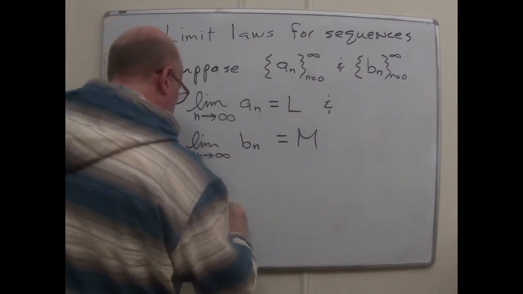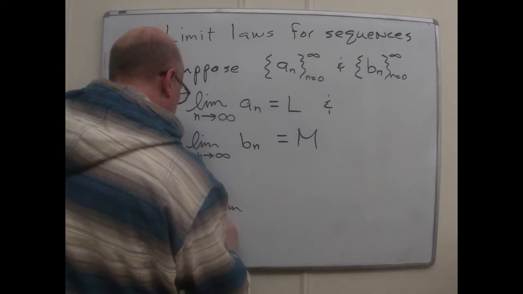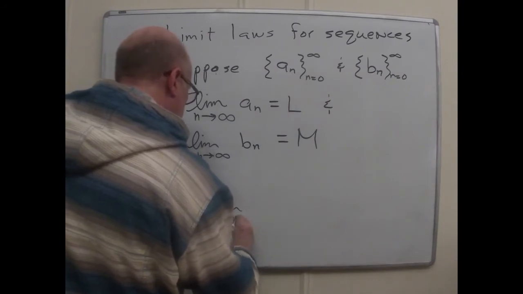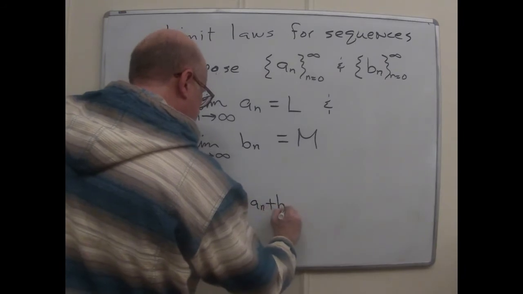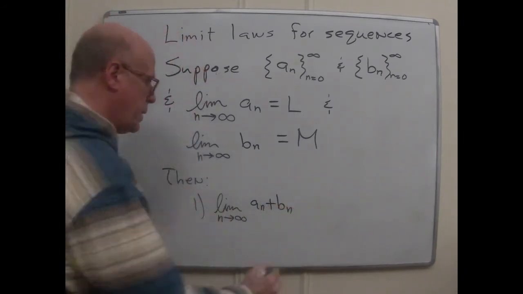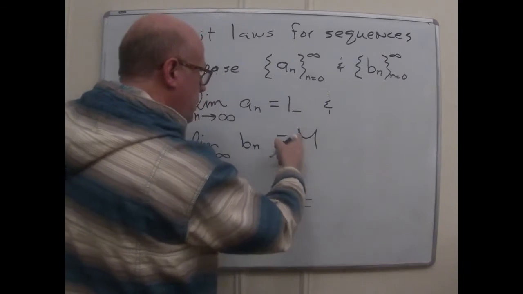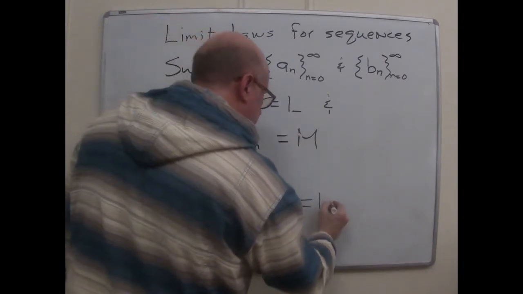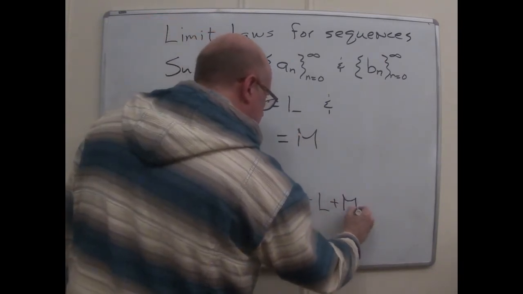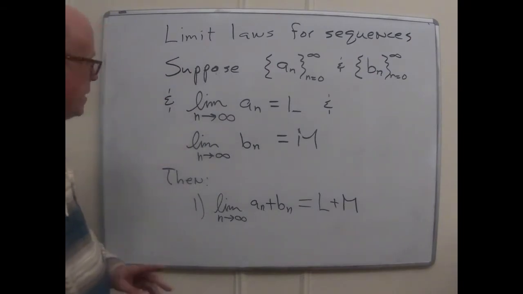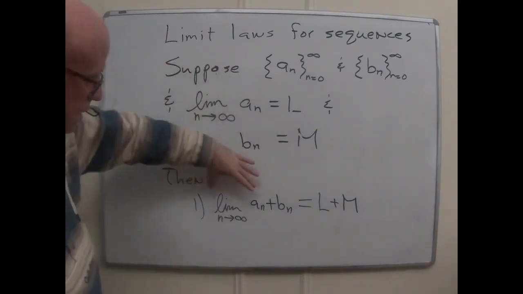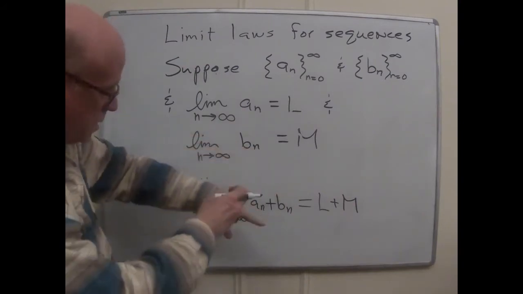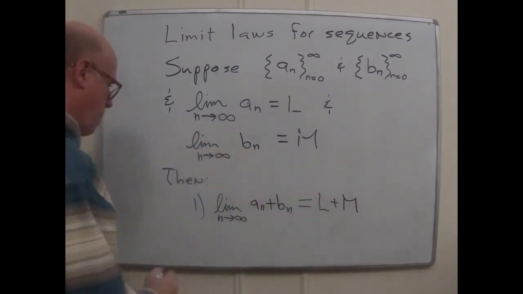So then, the limit as n goes to infinity of the sum a sub n plus b sub n, well, that's going to just be equal to L plus M. And if you expand out what L and M are, they're the limits respectively. So it looks like the limit of a sum equals a sum of the limits, right?